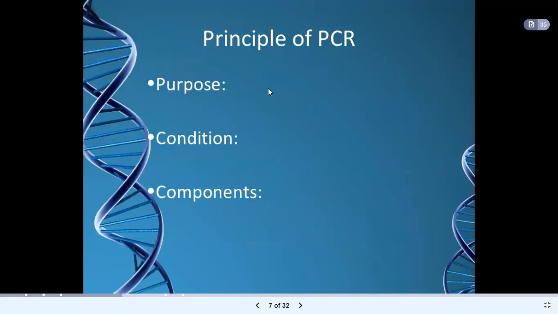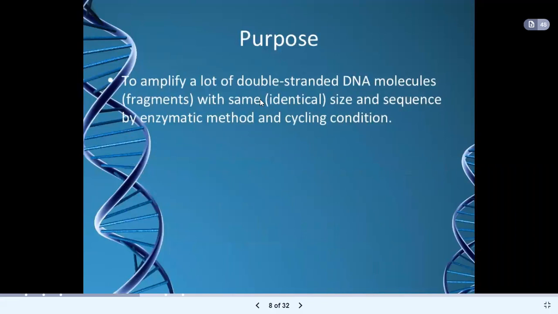Let's see the principles of PCR. Why should PCR be used? PCR is used for amplifying a lot of DNA segments. DNA is a double-stranded molecule, and it should be replicated equally.